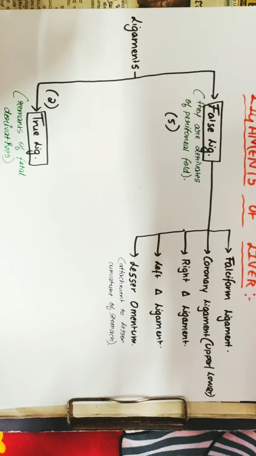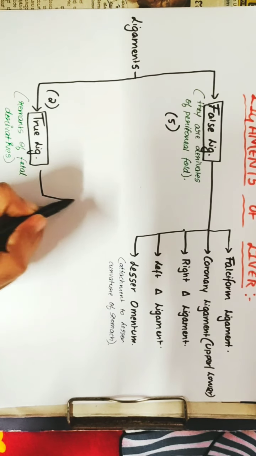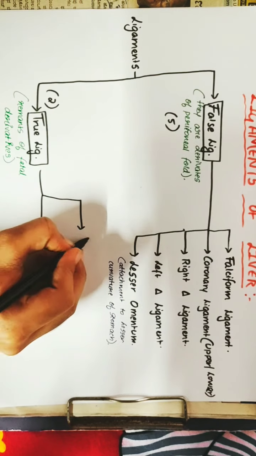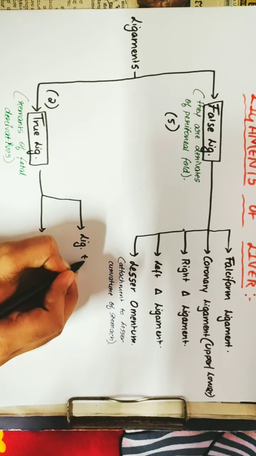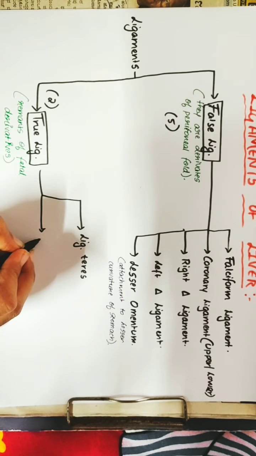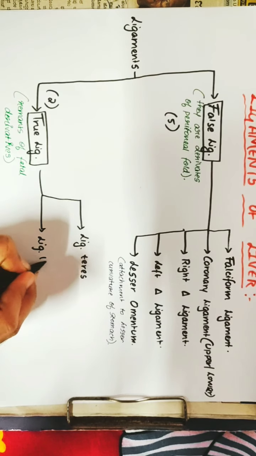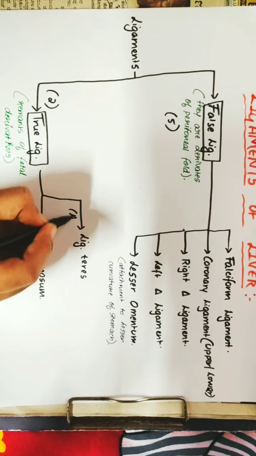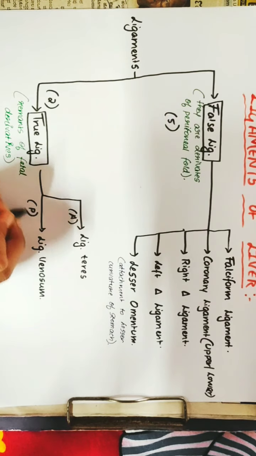Now we'll look at the true ligaments. As I said, true ligaments are of 2 types. First one is Ligamentum Teres and second one is Ligamentum Venosum. This is located in the anterior border. This is located in the posterior border.